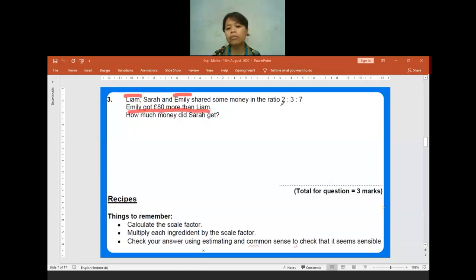So for Liam it will be 3, and for Emily it will be 7. If we focus on the ratio, how many more is the ratio for Emily than Liam? 5. Yes, so 5.